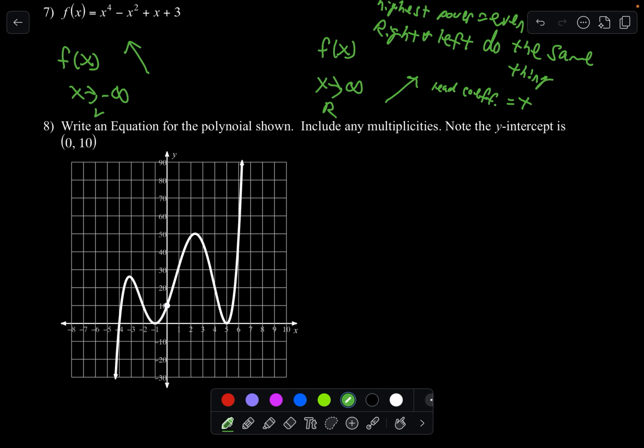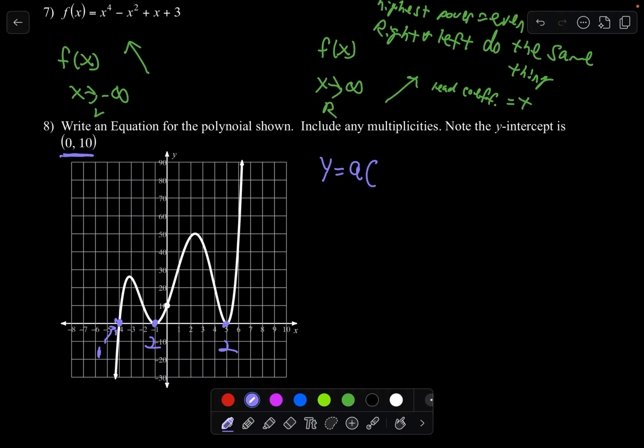So looking at this, you see you have an x-intercept right there, an x-intercept right there, and right here. Both of these are multiplicities of 2 because they bounce. This one is a multiplicity of 1. All right, so the equation would be y equals a. They want a specific, unique equation because they give us the y-intercept.